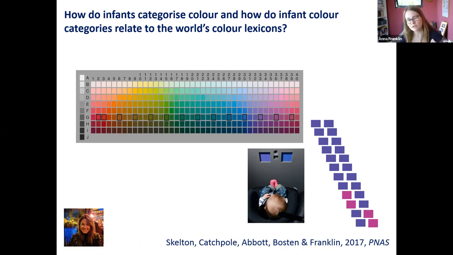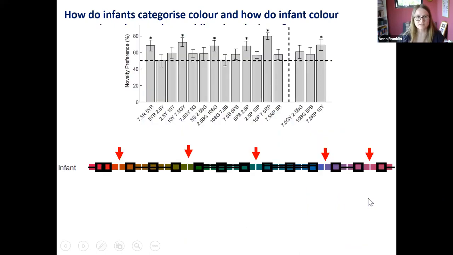However, if they treat them equivalently, if they look equally, then they're not showing evidence that they're distinguishing them in their recognition memory. The definition of categorisation is that you treat discriminably different stimuli as if they're equivalent. So a lack of novelty preference is showing colour categories on this task.